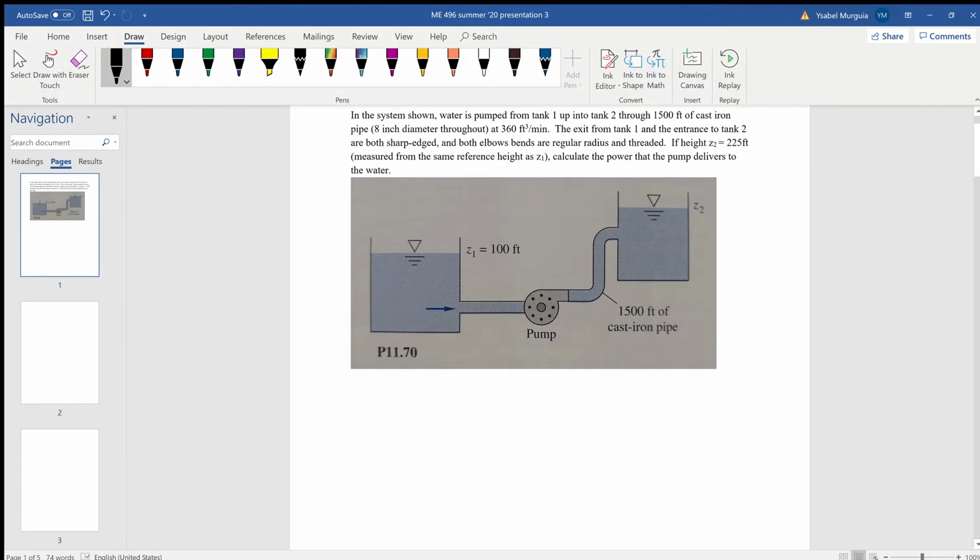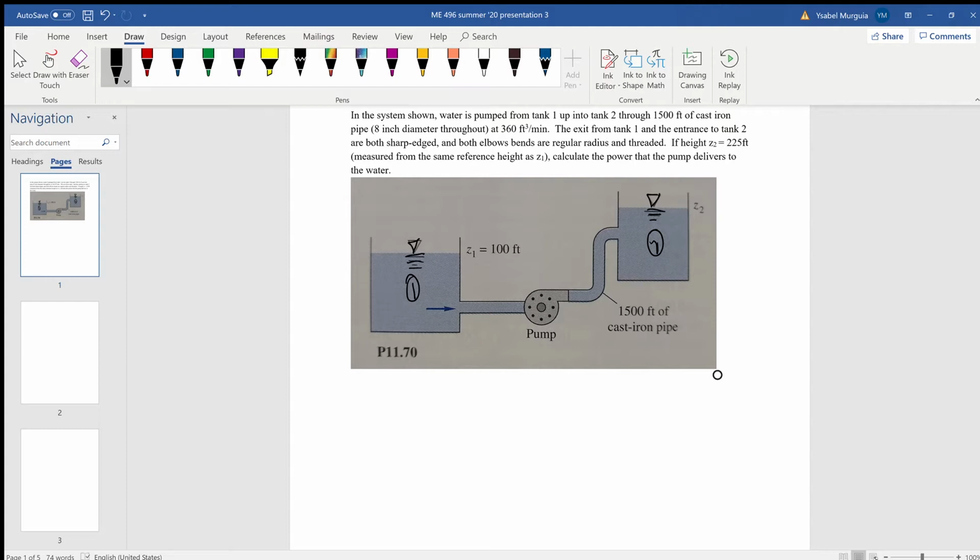Okay, so reading through just really quickly what I get out of this, we have here tank 1. Obviously it is open, free surface, same as tank 2. This would be tank 2. And then we do have this pump here in the middle, which appears to be a centrifugal pump.